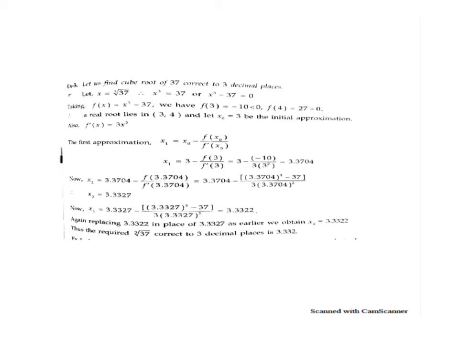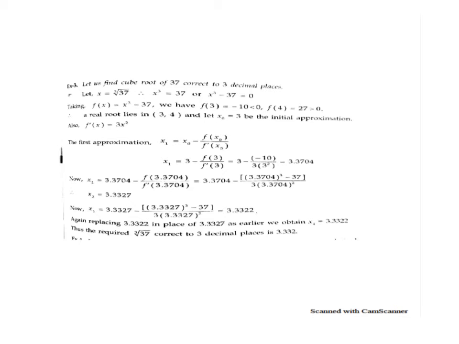So 2 cube is 8, 8 minus 37, which is again a negative value. Now put x equals 3. So x equals 3 implies x cube is 3 cube, 27, 27 minus 37, which equals minus 10, less than 0.